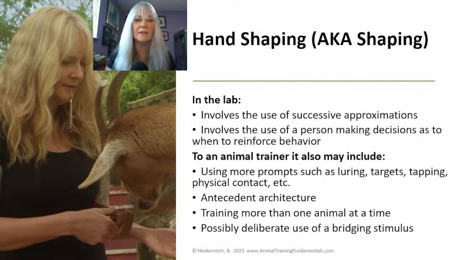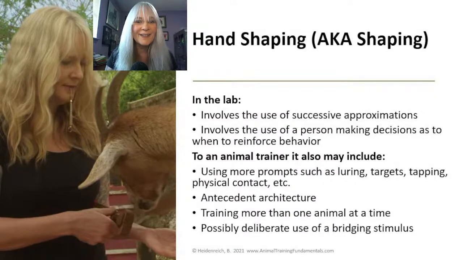And again, that antecedent architecture, we might be training more than one animal at a time, even in the shaping process. There might be a more specific, deliberate use of the bridging stimulus, even though in a laboratory setting there are certainly other stimuli acting as signals that are predictors that reinforcers are coming.